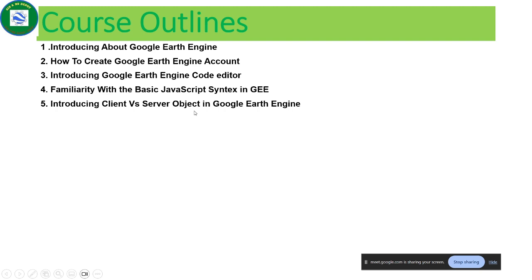Then calculating the average of soil moisture index using different datasets. And how to calculate land surface temperature, LST, monitoring using the MODIS dataset as well as the Landsat dataset in the Google Earth Engine platform.